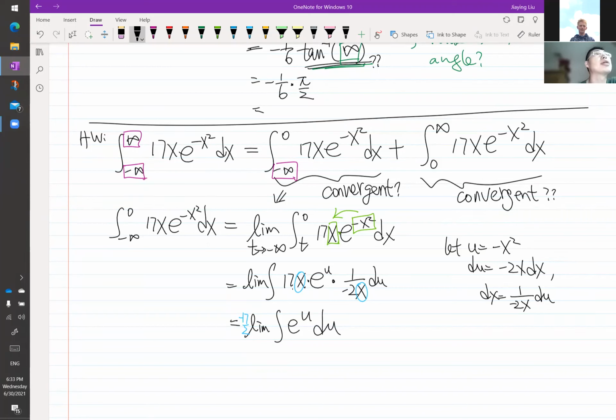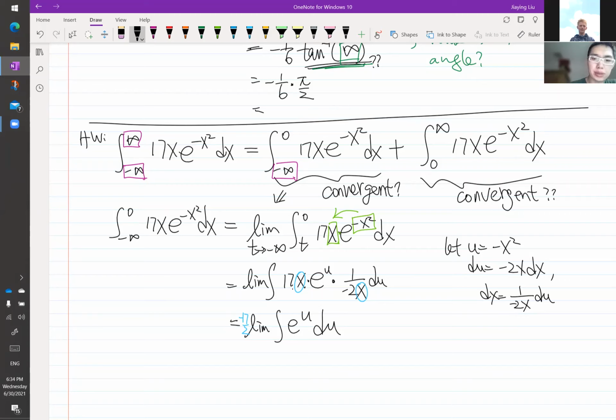Absolutely. Yep. Good point. Yes. So this is what I always keep in mind when I work on a problem like this. Every time I have a constant, I can always bring the constant in front of the integral, in front of the limit. Just put it outside, put it away, have less to work with.